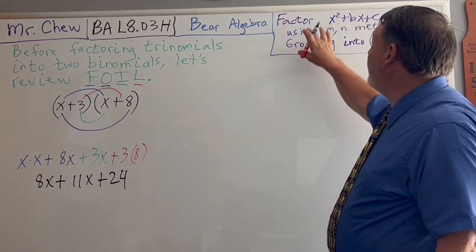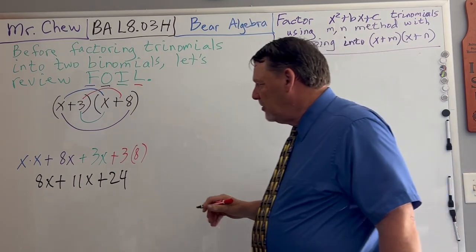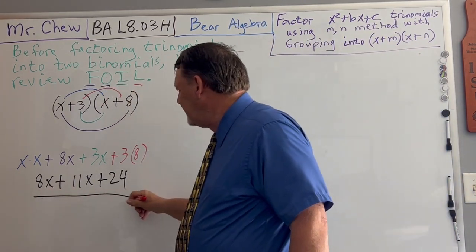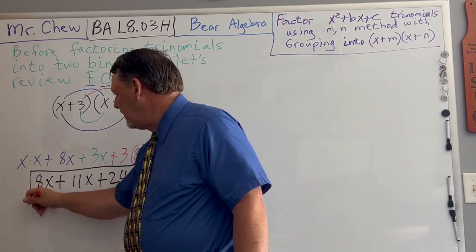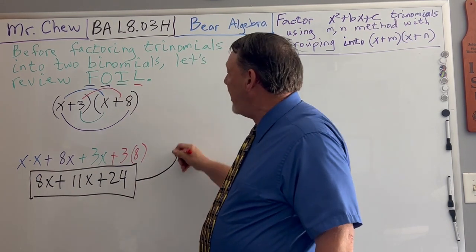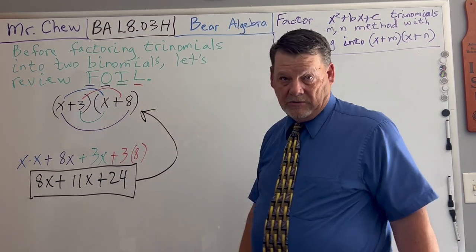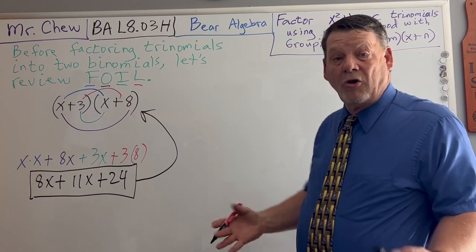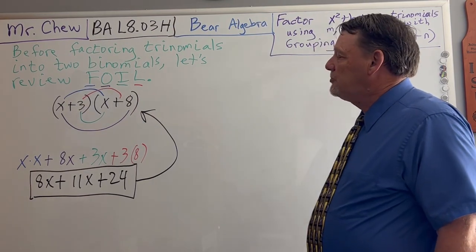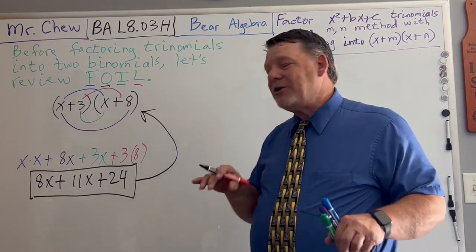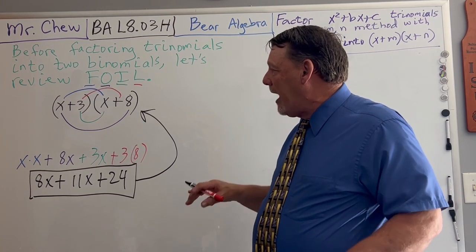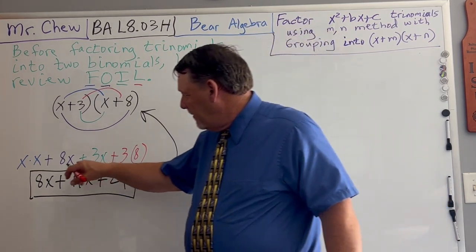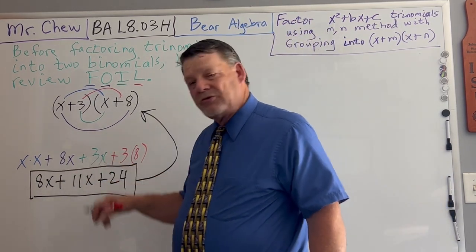So now when we're factoring these, we're given this, and we have to figure out what these two are. We're just going backwards. So in doing that, I'm going to teach you an easy way to come up with this 8x and 3x.